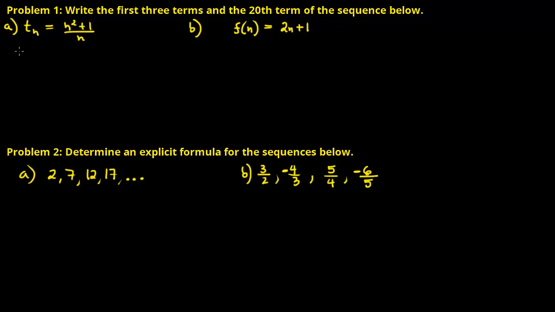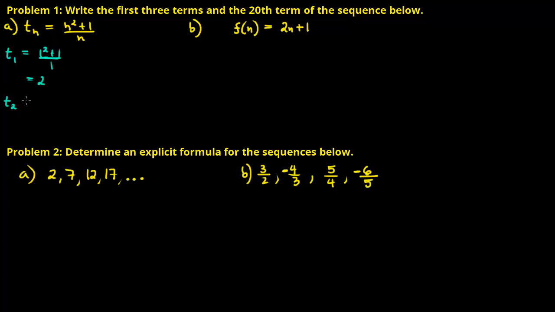If I wanted to figure out the first term, I would do t sub 1. So the first term is represented by t sub 1, which is equal to 1 squared plus 1 over 1. 1 squared is just 1. 1 plus 1 is 2. 2 divided by 1 is 2. So the first term is 2.